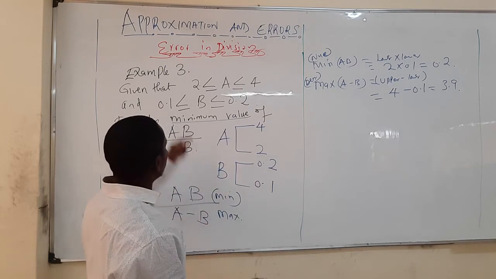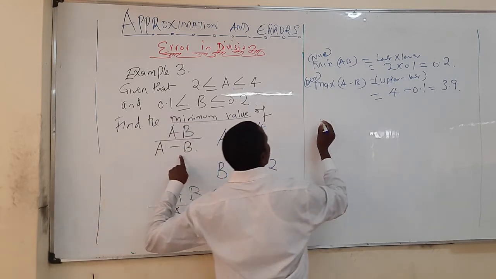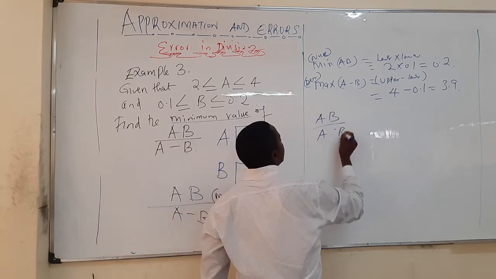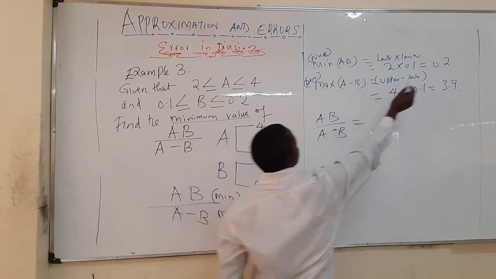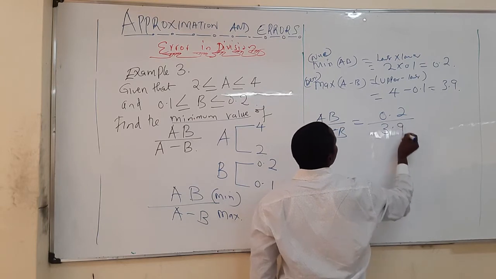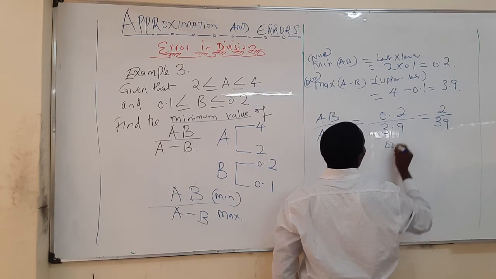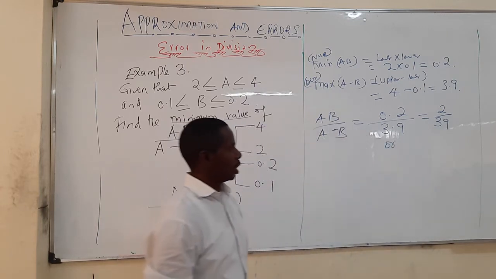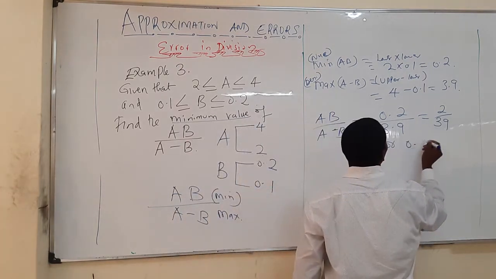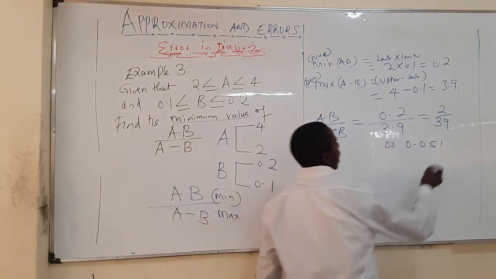So our minimum value of AB divided by A minus B will be the numerator 0.2 divided by the denominator 3.9, the same as 2 over 39, or if you give it in decimal form, it's going to be 0.05128.